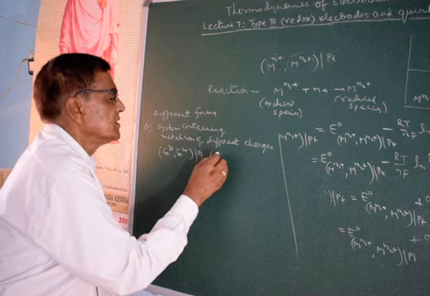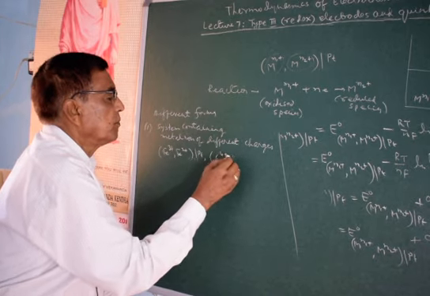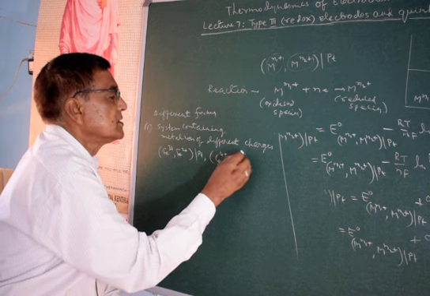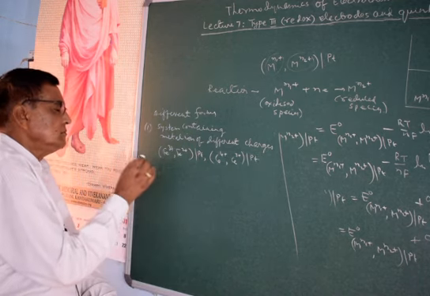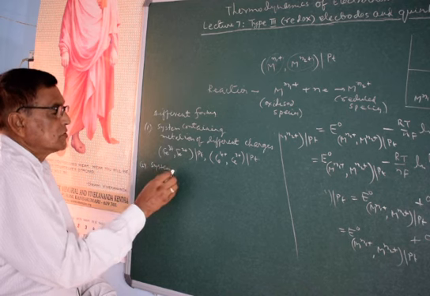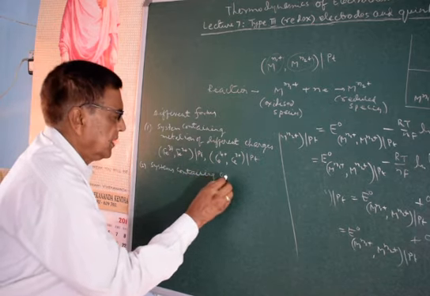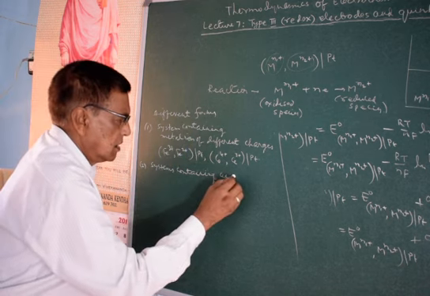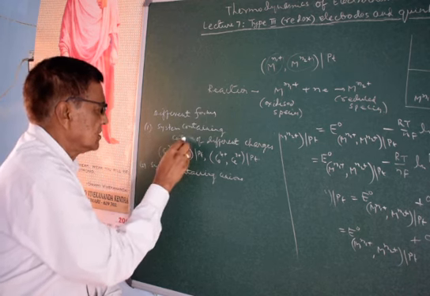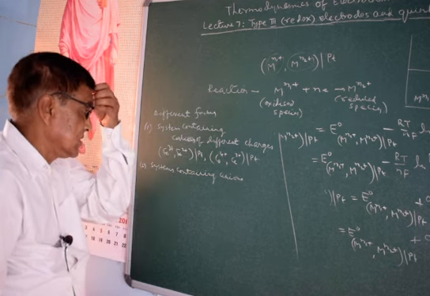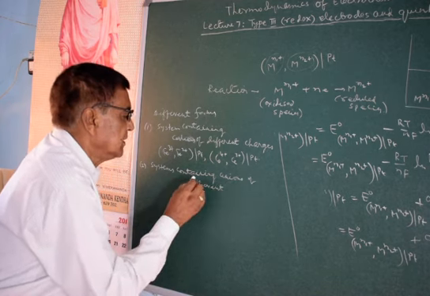Or I can write this as ferric 4+, ferrous 3+, and platinum, and so on. Stannic, stannous, etc. The second form is systems containing anions, or cations, of different charges, containing anions of different charges.